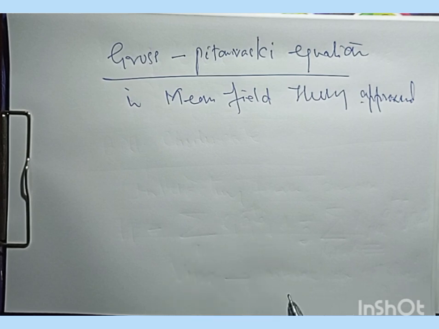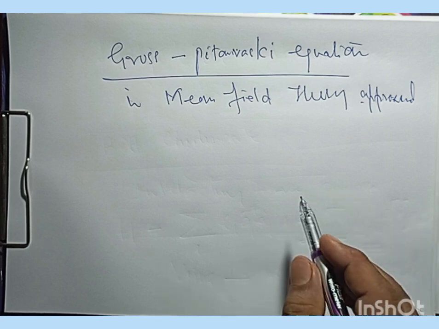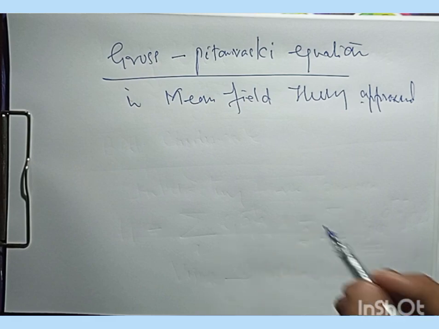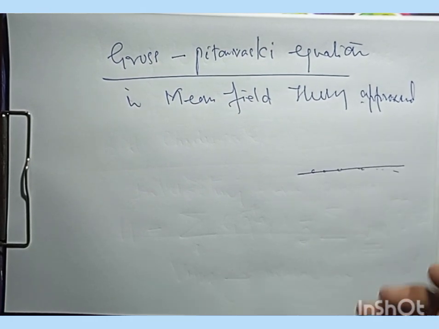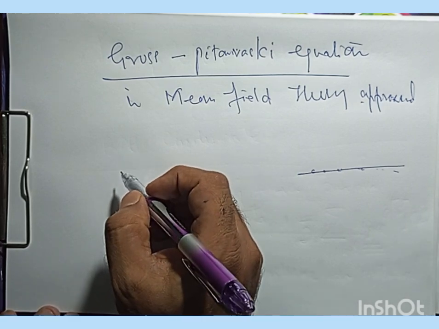And Bose-Einstein statistics allows multiple particles to occupy the same state, leading to Bose-Einstein distribution and phenomena like Bose-Einstein condensation.